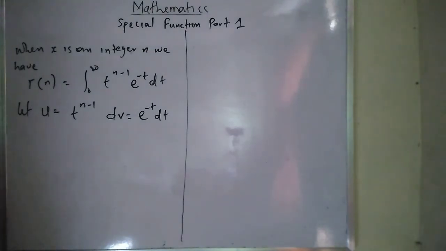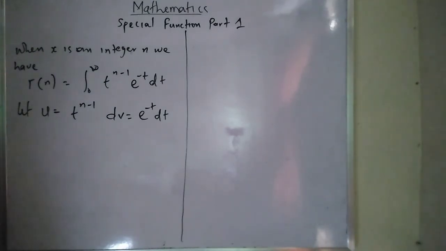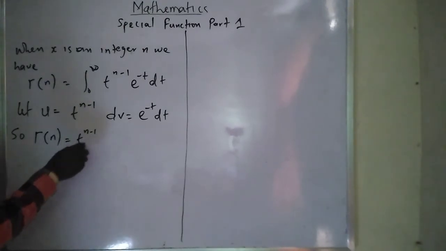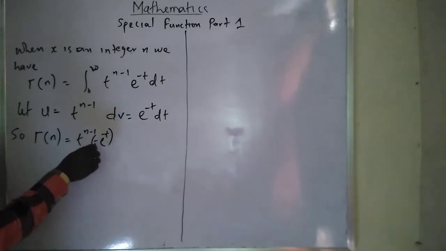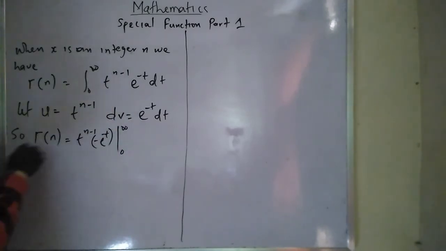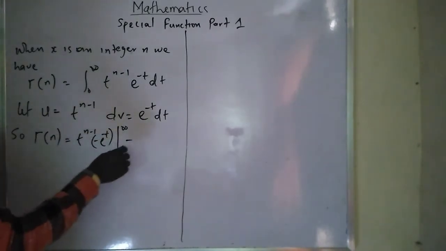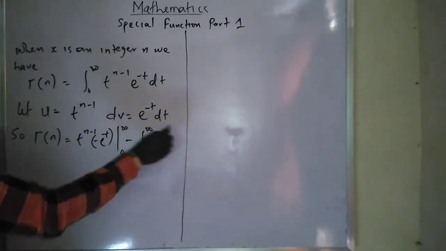If I go by integral by parts, by now you should understand integral by parts. With the help of integral by parts, I will have gamma of n equals minus t raised to power n minus 1 times e raised to power minus t, running from 0 to infinity, and also minus the integral from 0 to infinity of minus e raised to power minus t.